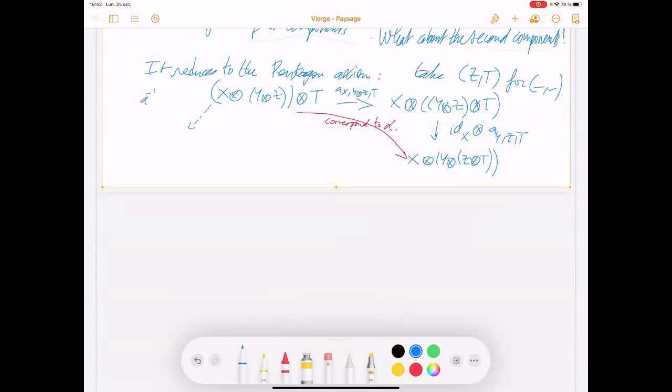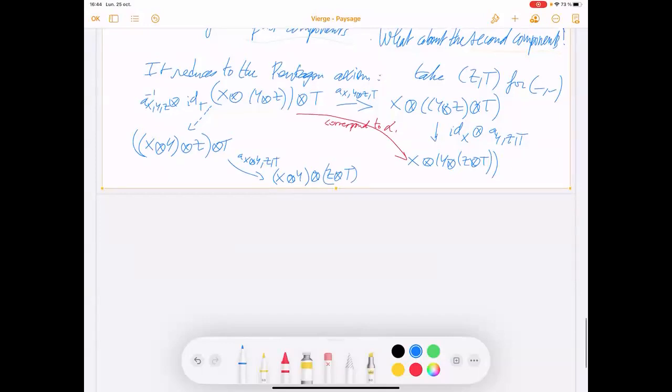Inverse A, X, Y, Z tensor identity of T. You get X tensor Y tensor Z tensor T. And then you apply X tensor the associativity Y, Z, T. And you get X tensor Y tensor Z tensor T.